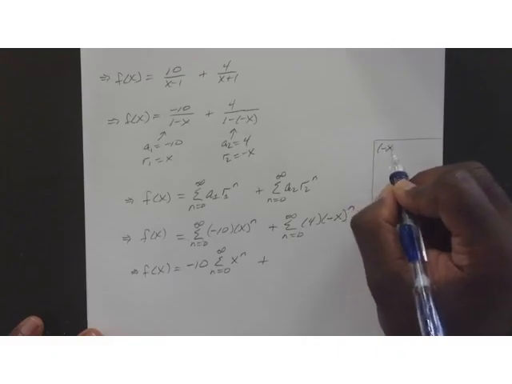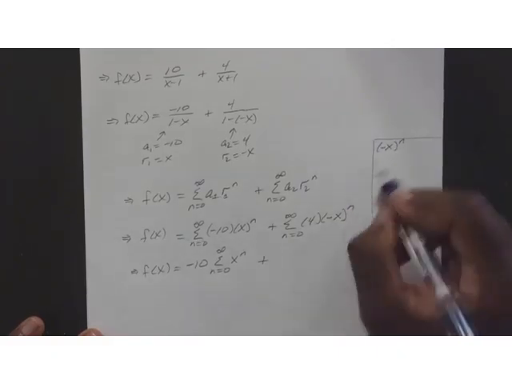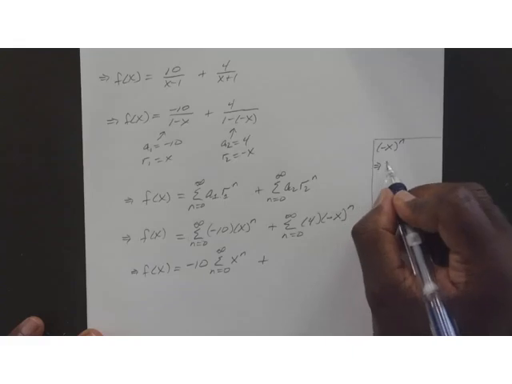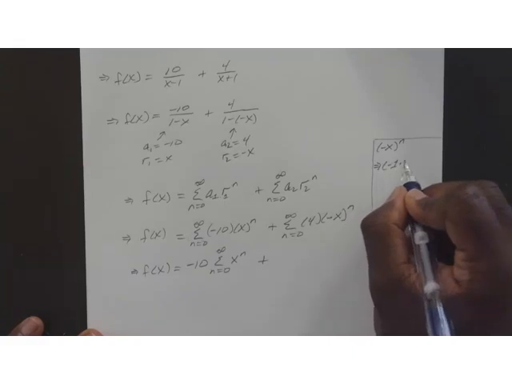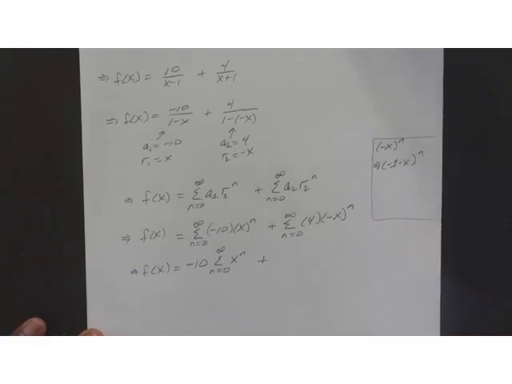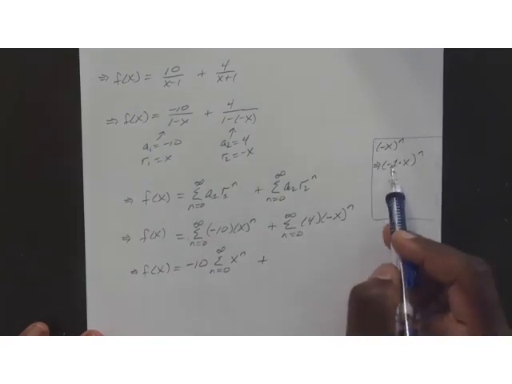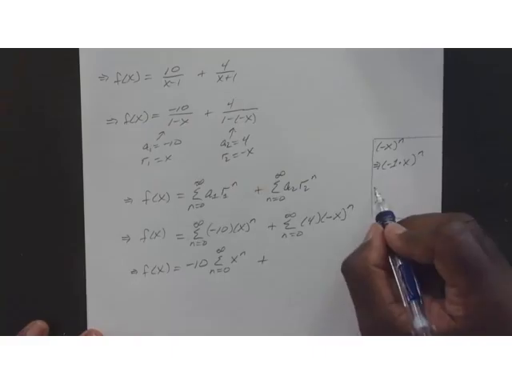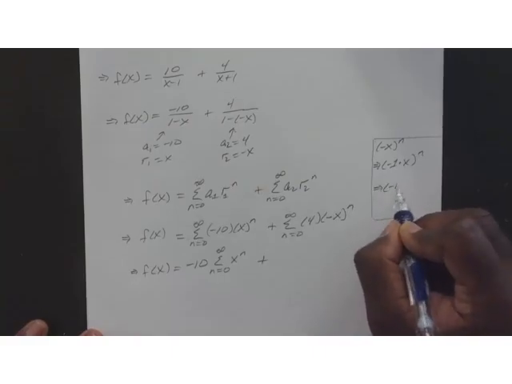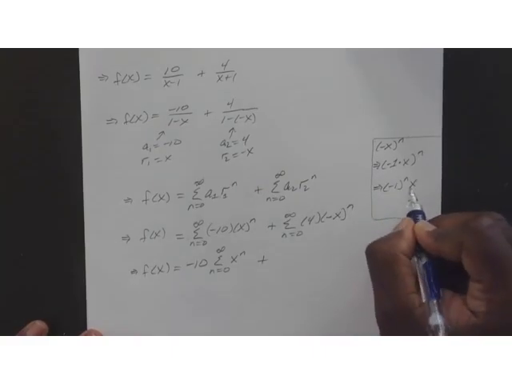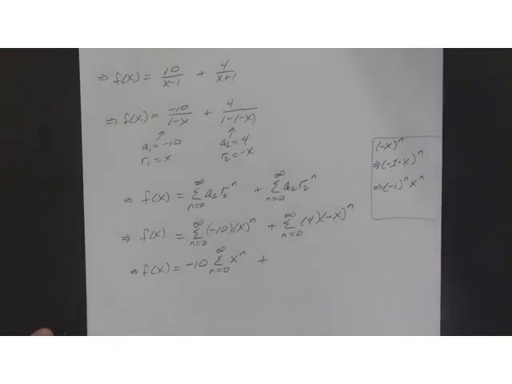Because if you have negative x to the power of n, you can rewrite that as negative 1 times x to the power of n, and you can distribute that exponent to both factors. So that becomes negative 1 to the power of n times x to the power of n.